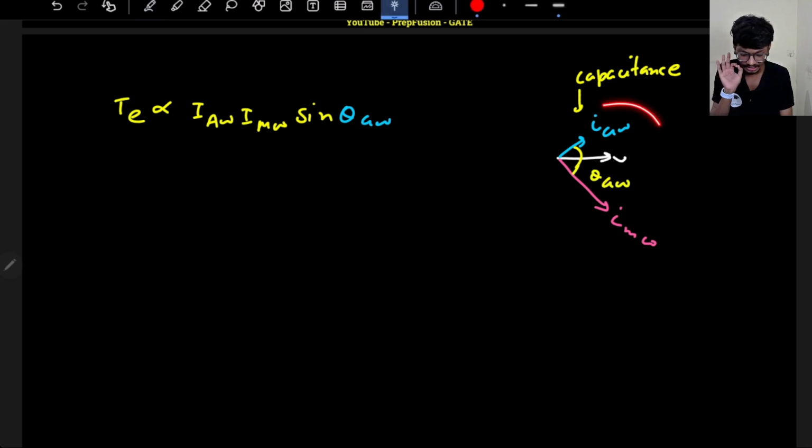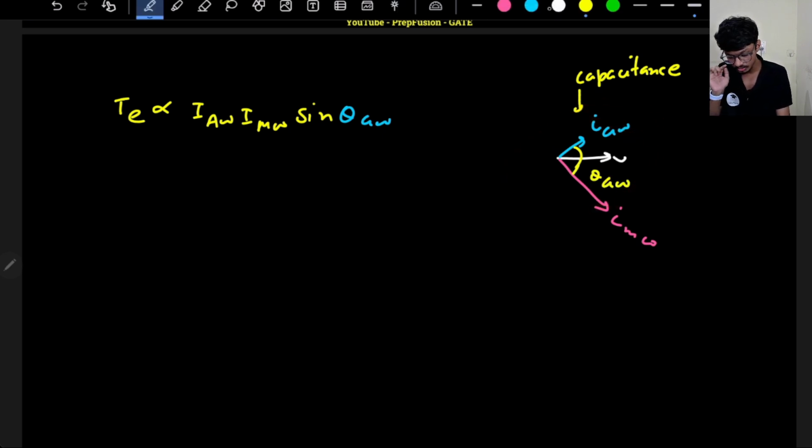So this is the main purpose. The main purpose is to create a phase difference between the auxiliary winding current and the main winding current. So what is the aim?